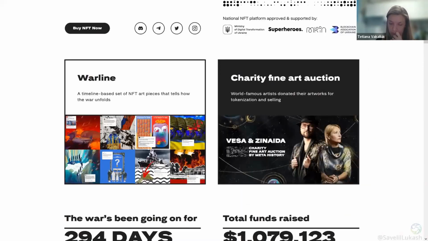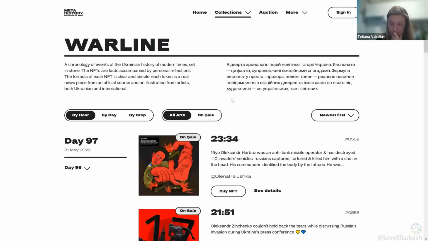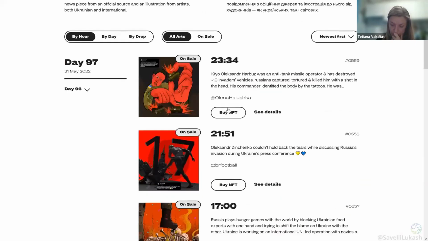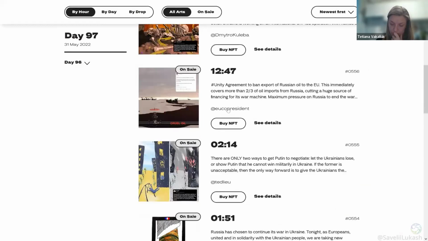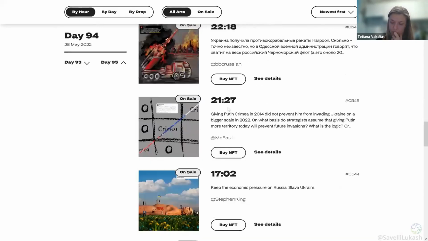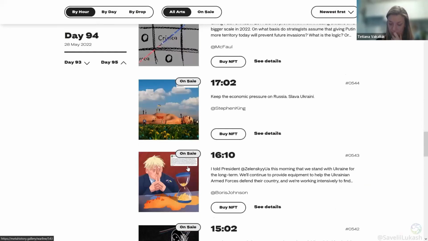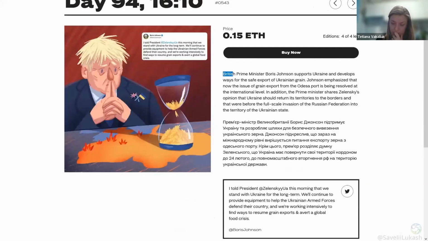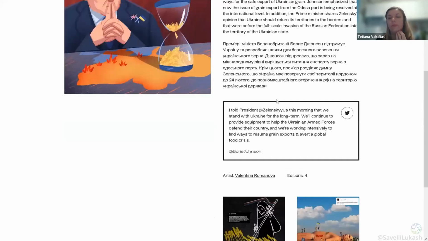The Wall-line collection follows a chronology of events of the Ukrainian history of modern times. Each token is a real piece of news from an official source, and an illustration from artists, both Ukrainian and international. This helps not only to raise funds and awareness, but also to record the history in a way that can neither be altered nor destroyed.